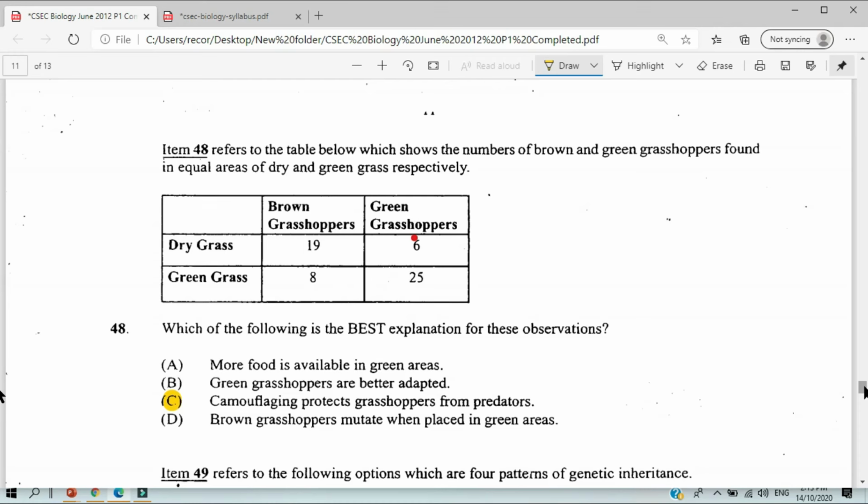In the green grass, we had 8 brown grasshoppers and 25 green grasshoppers. We chose C for the answer.